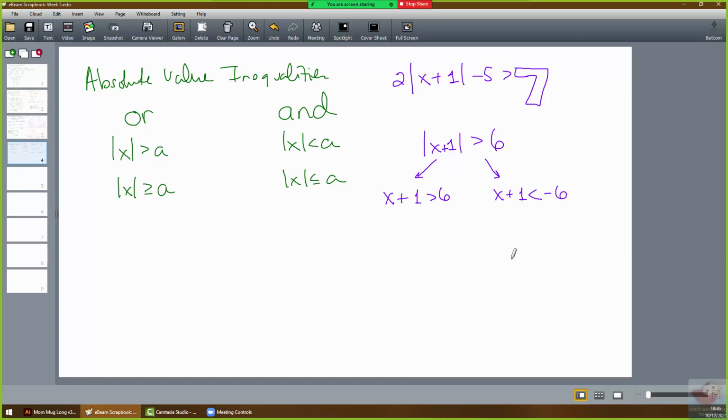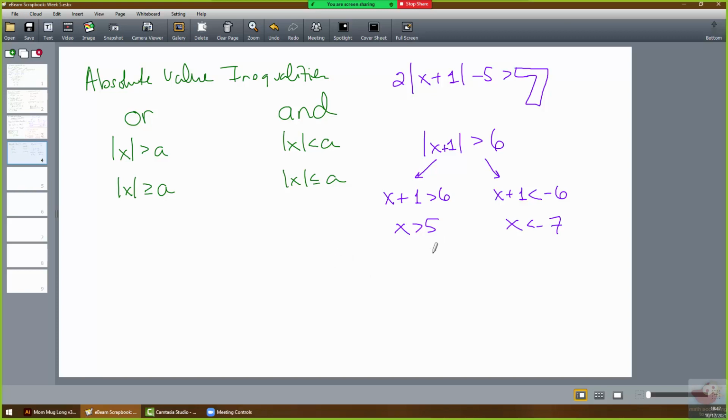And now we solve as normal. For both of them, we'll subtract 1. So we'll get x greater than 5, x less than -7. And we typically write our answers in interval notation.